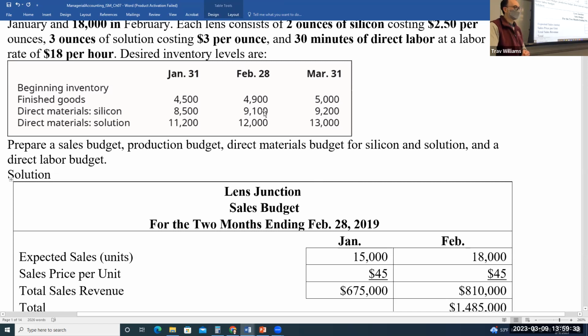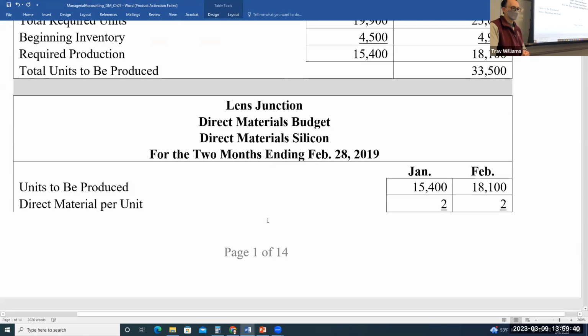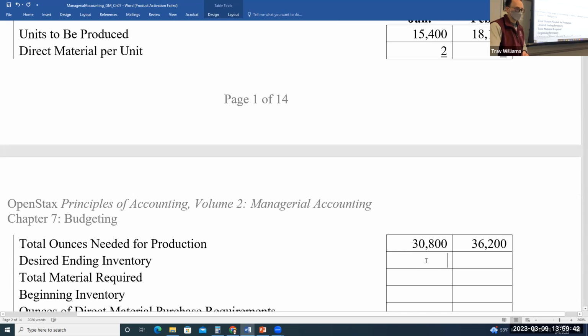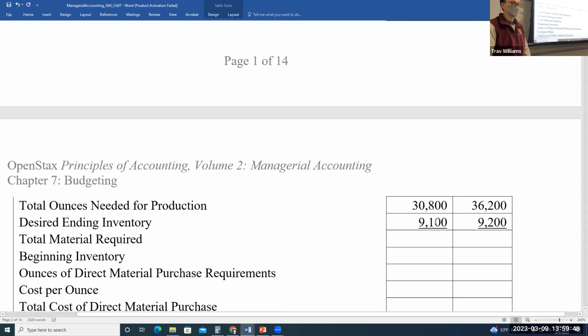So it's going to be 9,100 and 9,200. So that's how much additional inventory we want to have at the end of the month.